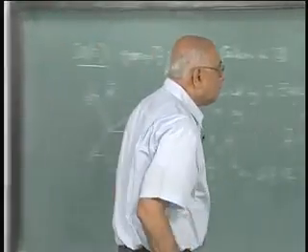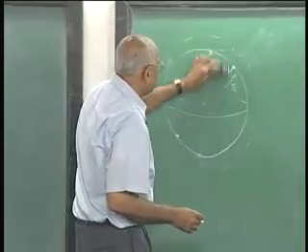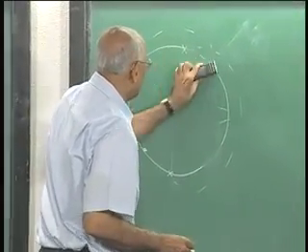This space is not simply connected, it is doubly connected, and let me now show you why it is doubly connected. Because there are lots of closed paths in it which would do the following.